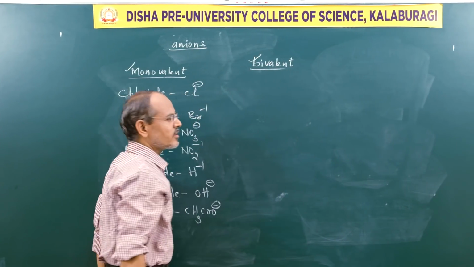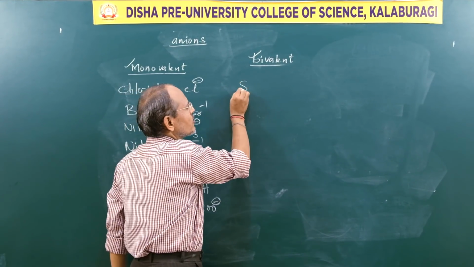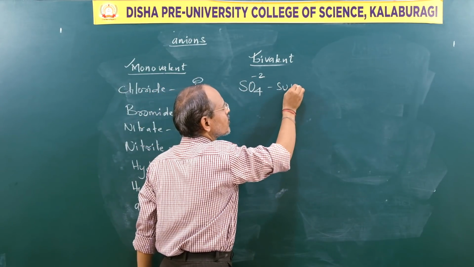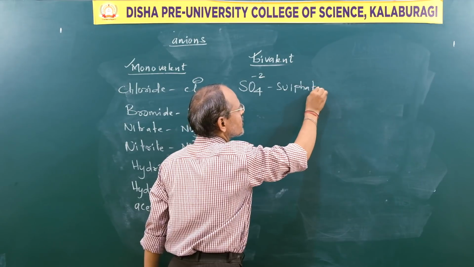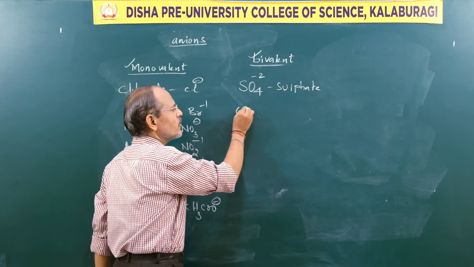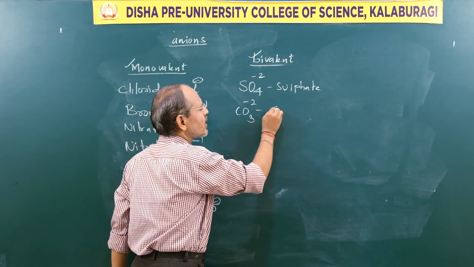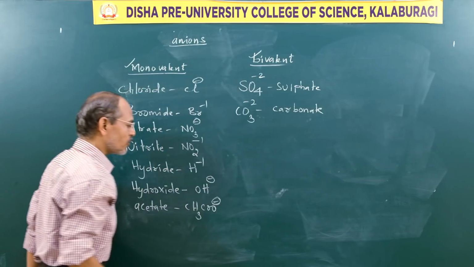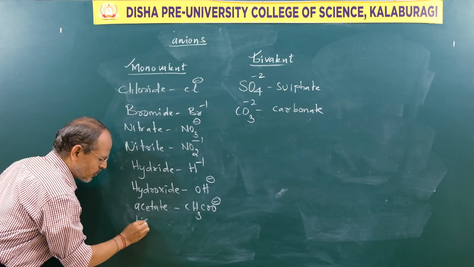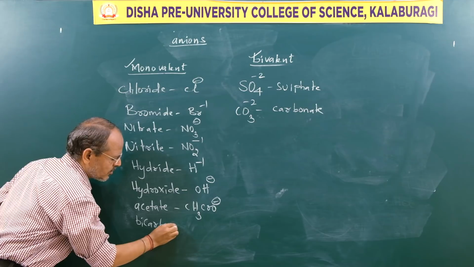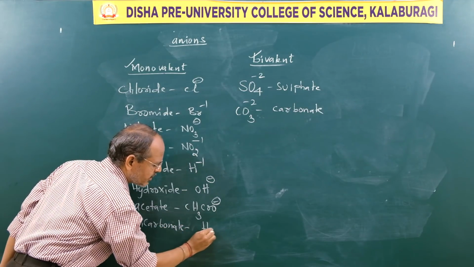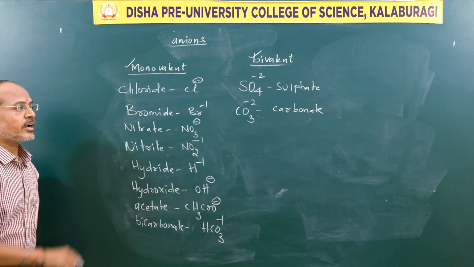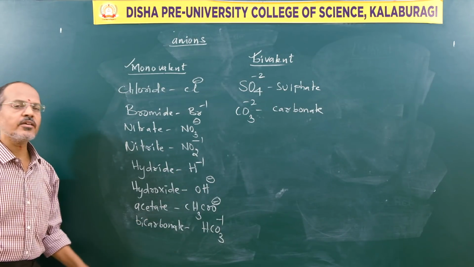Then bivalent we will see. Sulfate, CO3 minus 2, that is carbonate. Whereas bicarbonate is HCO3 minus, that is monovalent again. Whereas carbonate is bivalent, bicarbonate is monovalent.